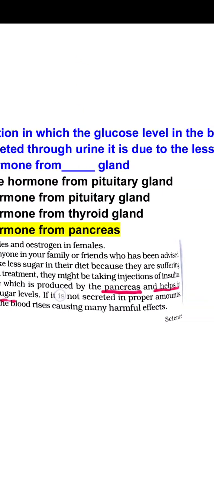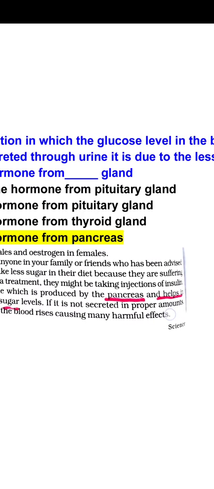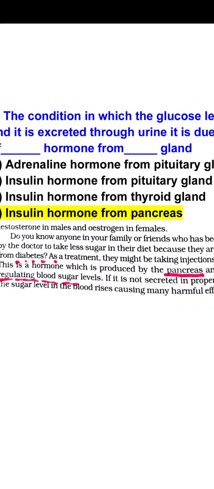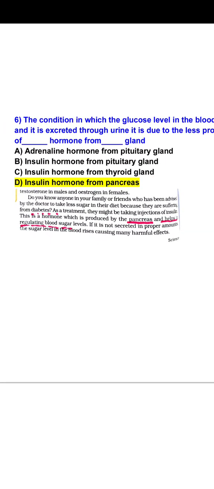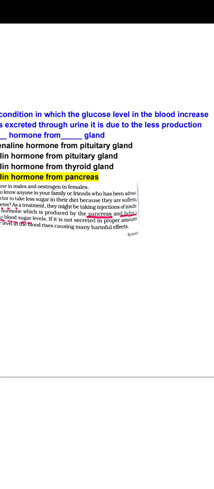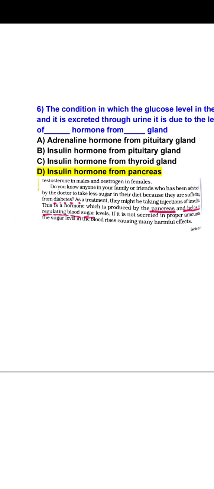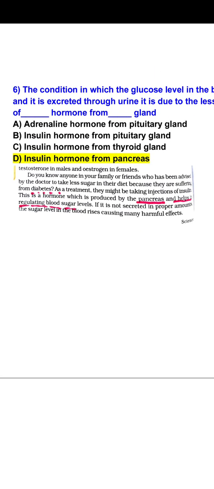Now, sixth question, let us refer there. The condition in which the glucose level in the blood increases and it is excreted through urine is due to the less production of dash hormone from dash gland. At the end of the 7th chapter, there is a tabulation of the glands with their respective hormones and their functionalities. You have to refer to that table to understand all this.